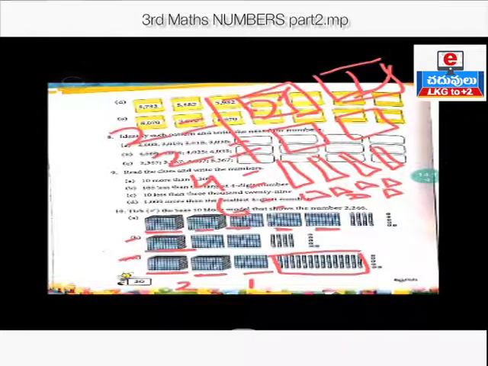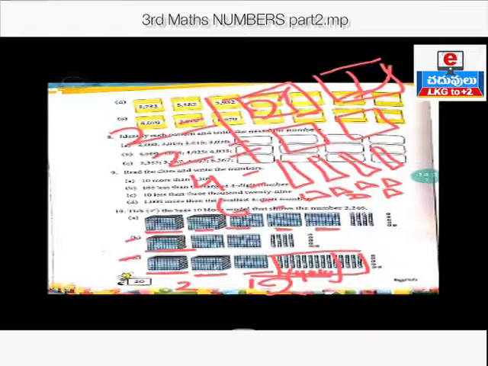Count here. 1, 2, 3, 4, 5, 6, 7, 8, 9, 10. Means this 10 rods is equal to 100, no? So this is a 200.